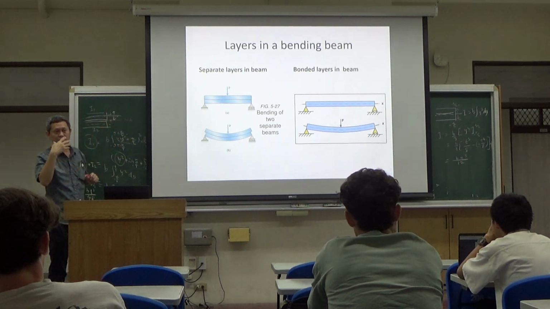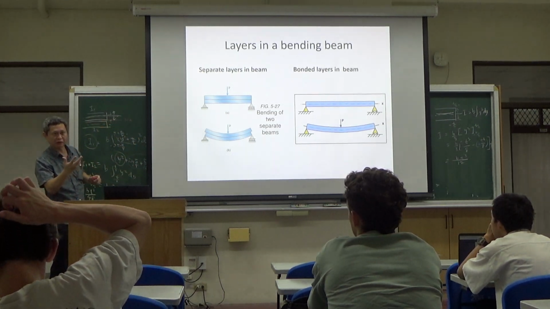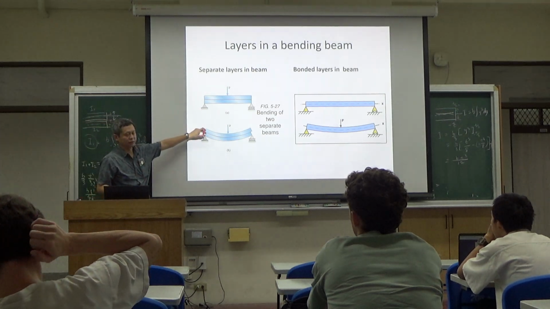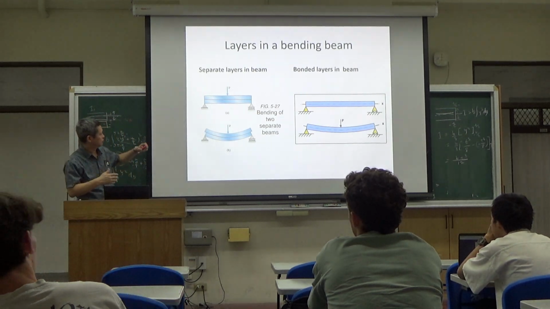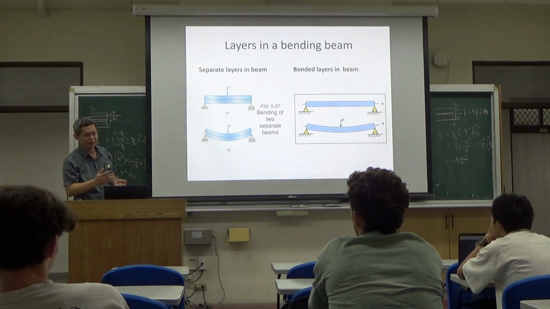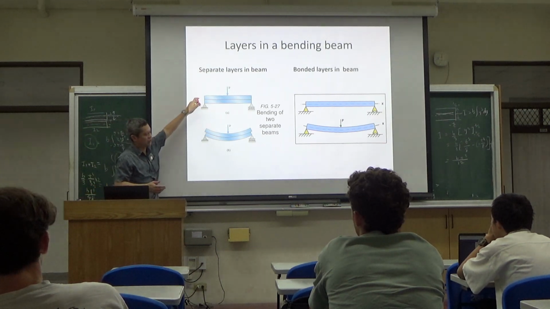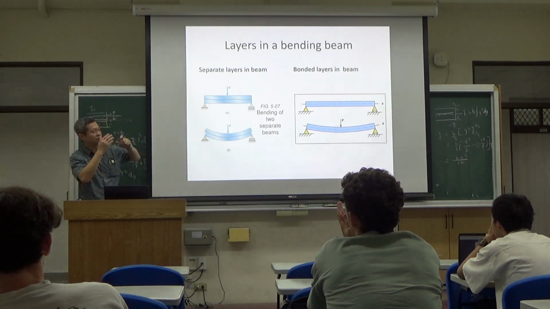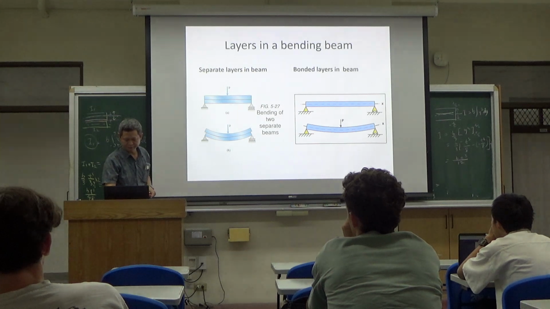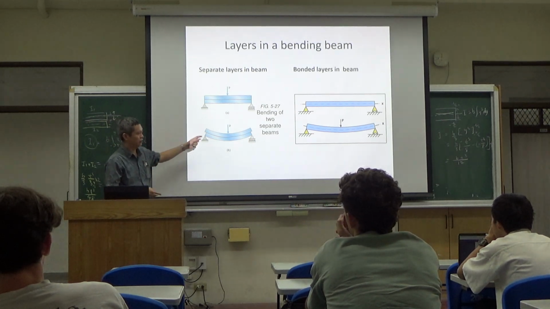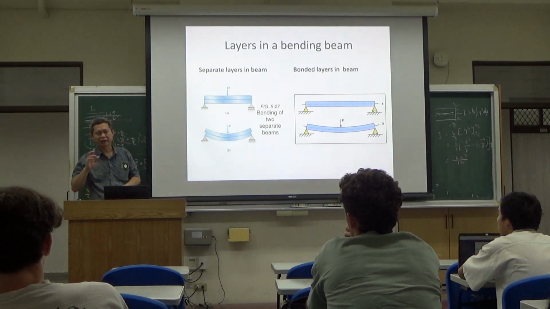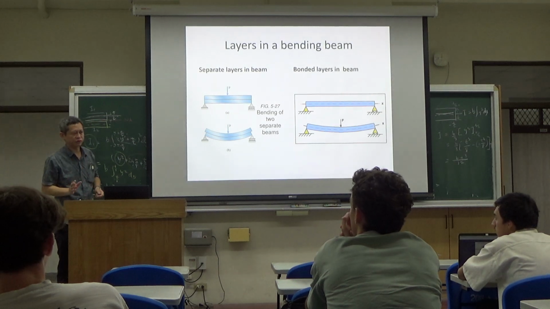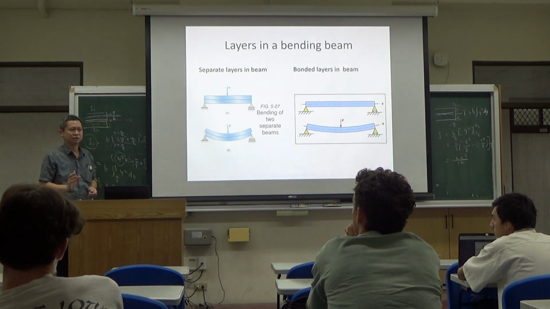So if you want a more flexible structure, you can release the bonding. But if you want a stronger structure, the pieces should be bonded. This is important also for aircraft structure. You look at aircraft structure, all are riveted.